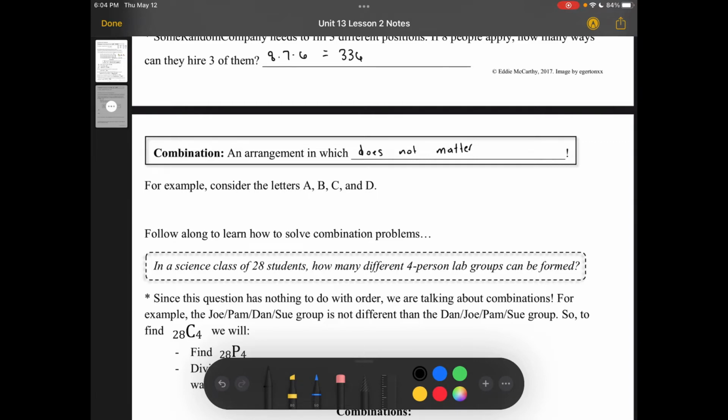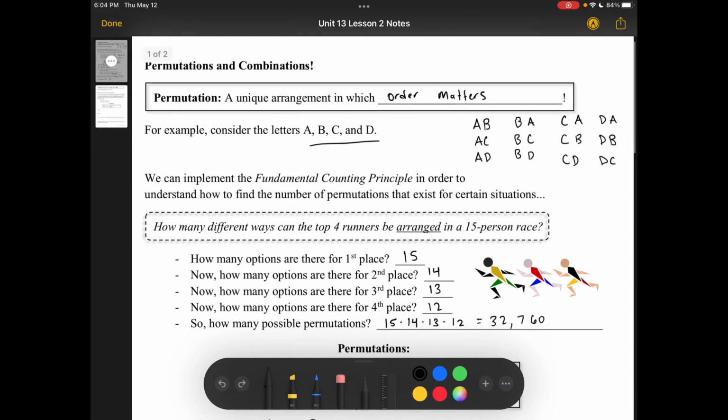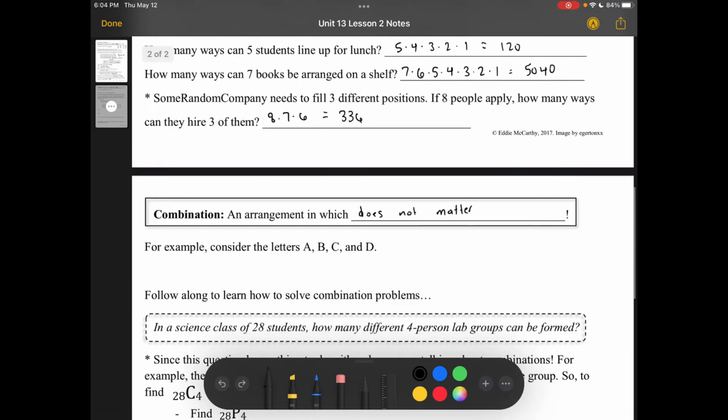So I've got these letters here, A, B, C, and D. And just like I did previously, I'm going to write out all of the arrangements that I can think of using just two of these letters. So let's do that.